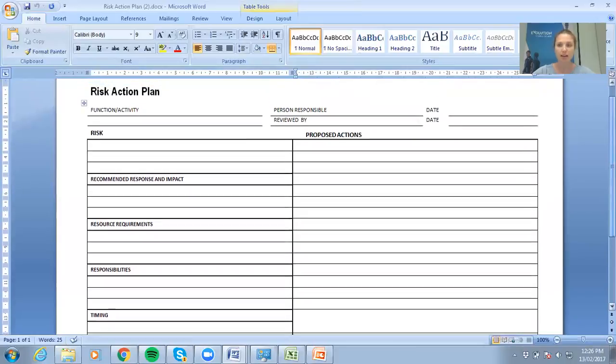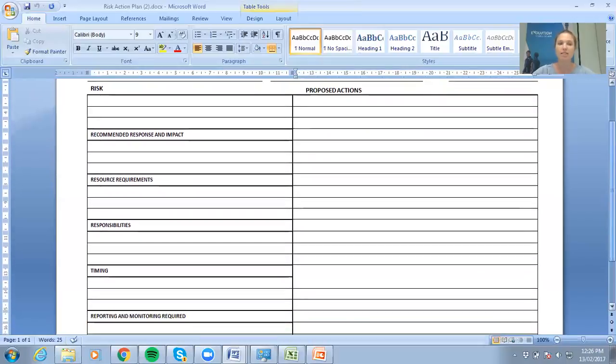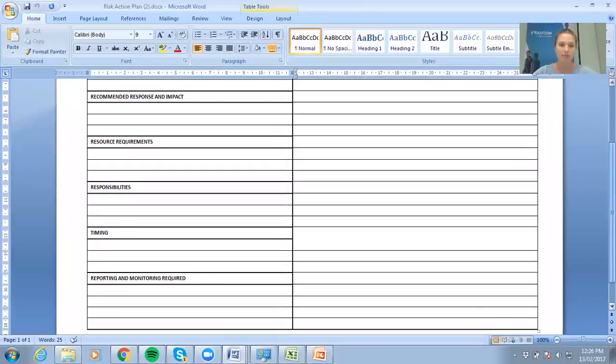So not too bad for this one, just one risk to focus on and to come up with as many proposed actions as you could think of to overcome that risk, and having a look around the impact that it would have and the requirements and responsibilities of your team members, and also when you need to implement these actions.